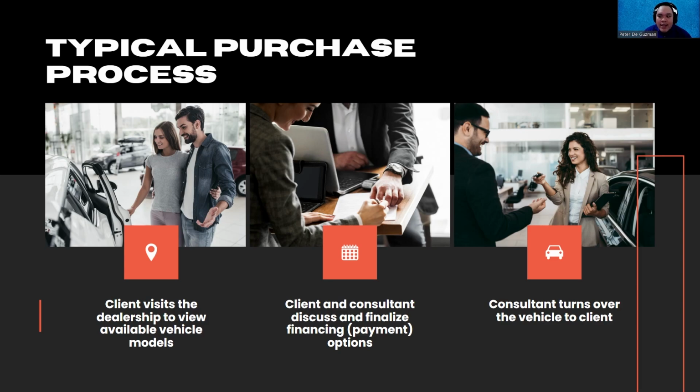Segment number one, the client visits the dealership to view available vehicle models. Segment number two, the client and sales consultant discuss and eventually finalize the financing or the payment options. Segment number three, or segment C, is the consultant turns over the vehicle to the client.